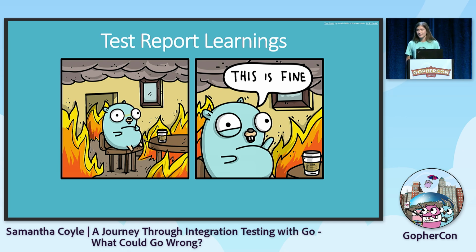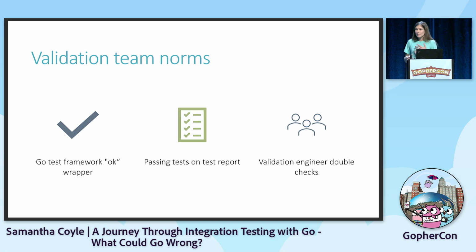And this is where the most interesting and weirdest learnings that we experienced occurred. Some of the backstory here: we had some team norms, as we all do. When it came to validation for our solution, we had three steps. The first was, we ran Go test to run our integration tests, and we all looked for that "ok", two characters.